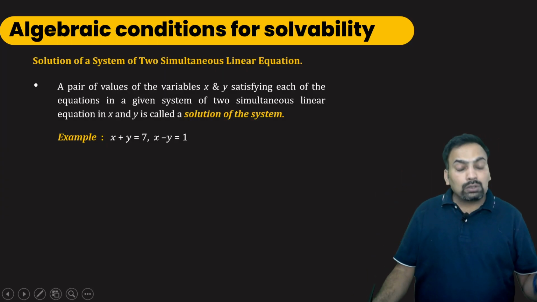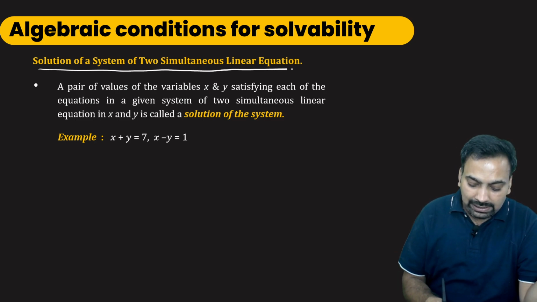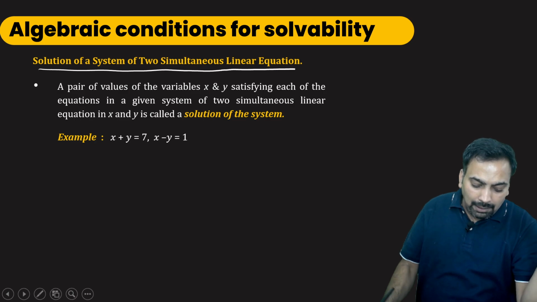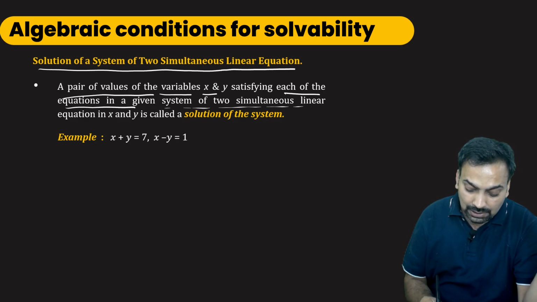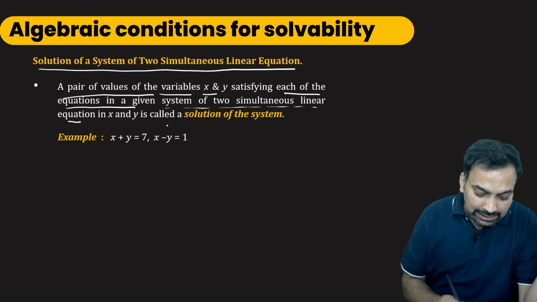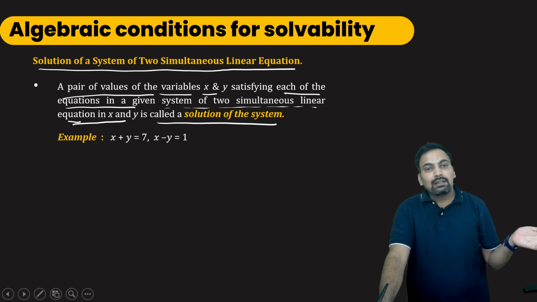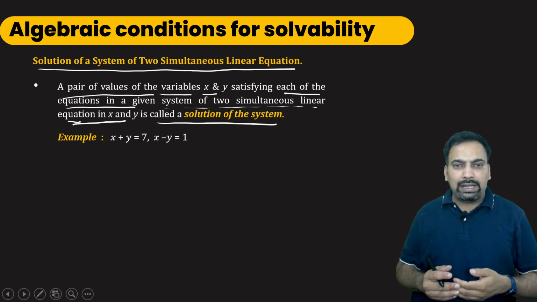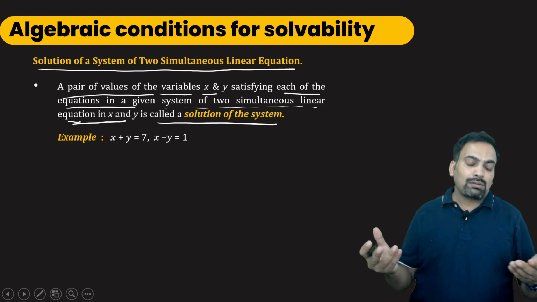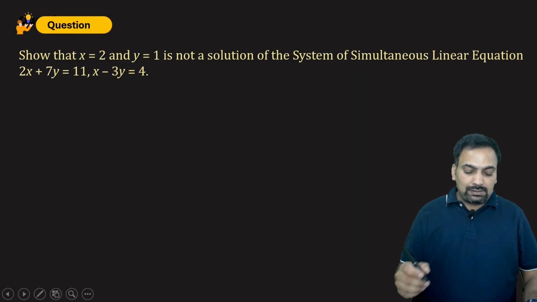Okay, so solution of a system of simultaneous linear equations: a pair of values of variables x and y satisfying each equation in a given system of linear equations in x and y is called the solution of the system. Already I told, the values of x and y which satisfy both equations is called the solution. Okay, now let's understand this.